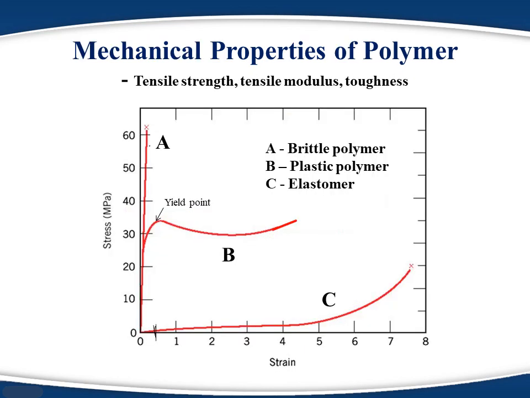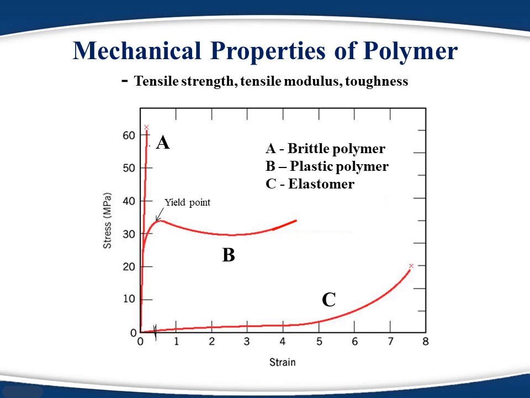Now coming to the mechanical property, which is the most important property of polymer for its different applications. Mechanical properties of polymer are typically represented by three parameters: tensile strength, modulus, and toughness.